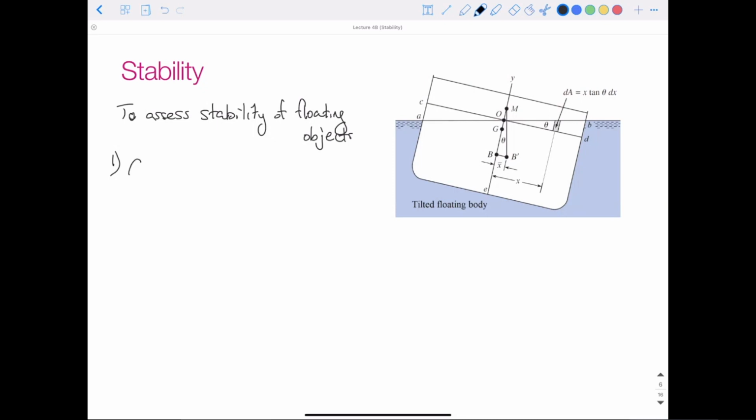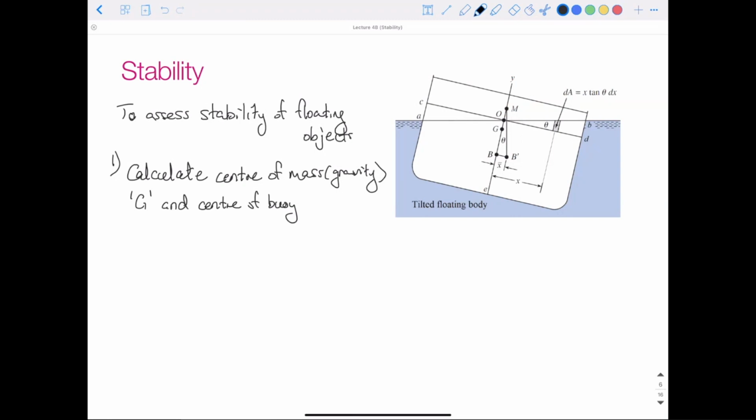So we need to find or calculate the center of mass or center of gravity, and that's at point G. And the center of buoyancy, in this diagram that is capital B, in the upright position.